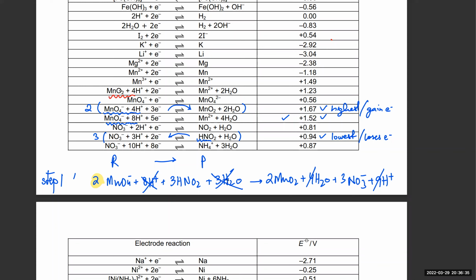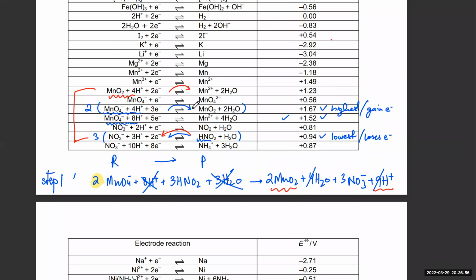The product formed over here, the acidified MnO2, will go and react with our nitric acid again. That's the higher potential, that's going to gain electrons. And this one is the lower potential, that's the one that's going to lose electrons.